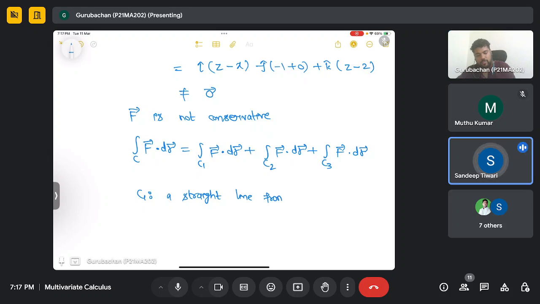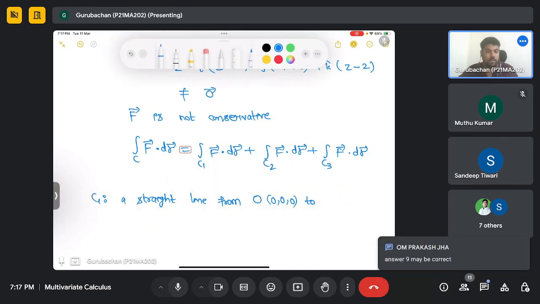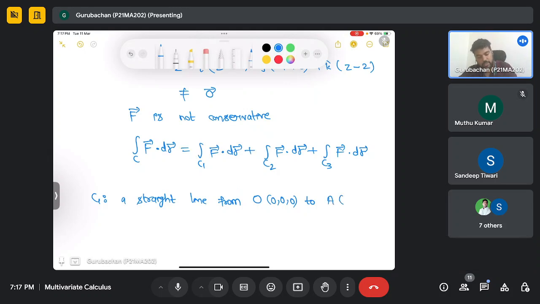from the point O (0, 0, 0) to the point A, which is (0, 0, 1).